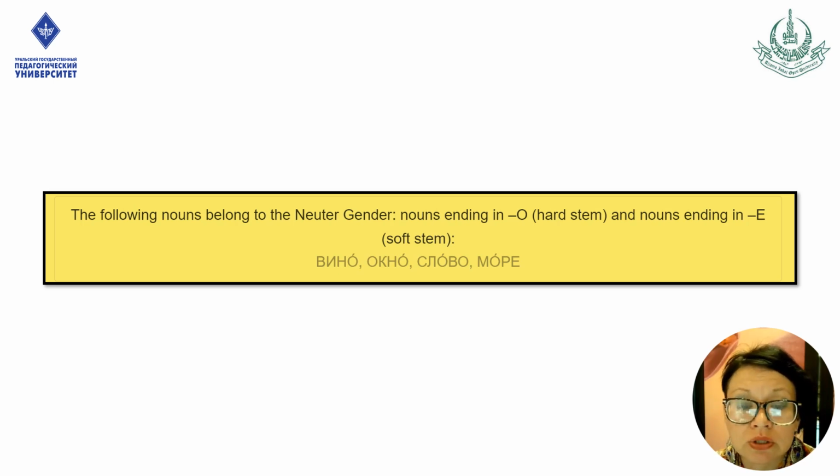But студентка, the ending is a, and this is feminine gender in Russian. And nouns ending in o and e correspond to neuter gender in Russian, средний род: вино, окно, слово, море. So we need a final vowel here, and it corresponds to neuter gender nouns.